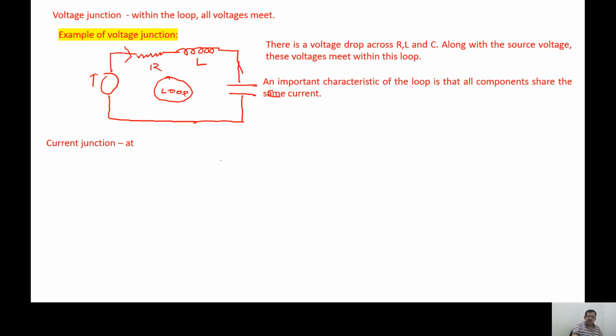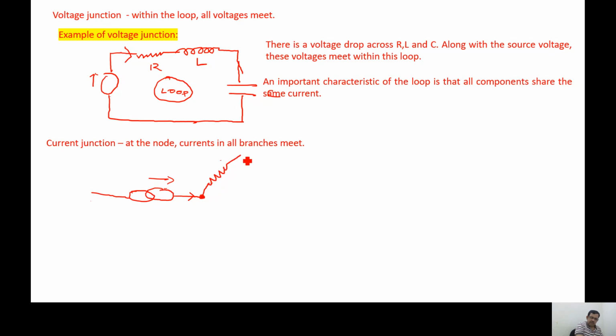Now what about the current junction? At the node, the currents in all branches meet. Let us see how. I have a current source. An example of a current source is like this, one way of representing a current source, and let the current flow in this direction. Let us say this is my node, and this is a resistor.